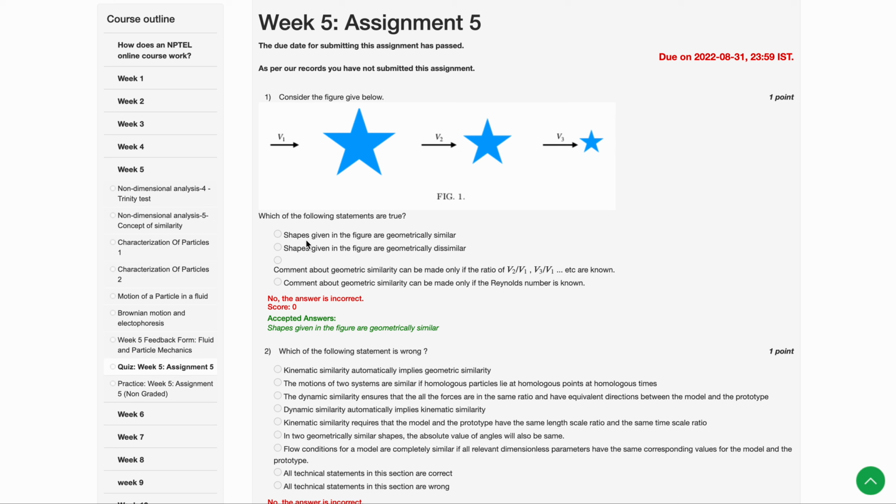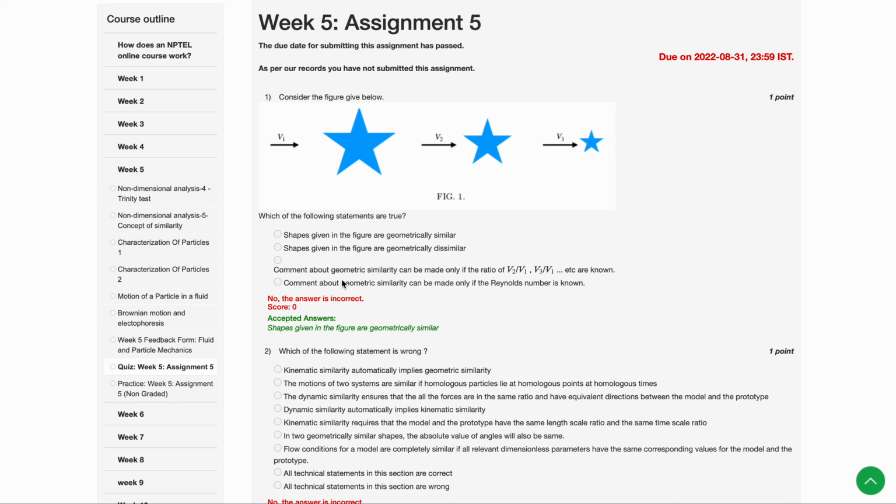So what are the options given? Which of the following statements are true? Shapes given in the figure are geometrically similar. Yes. Shapes given in the figure are geometrically dissimilar. No, that is wrong. Comment about geometric similarity can be made only if the ratios v2 by v1 and v3 by v1 are known.